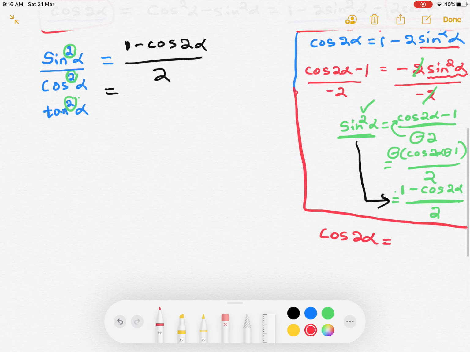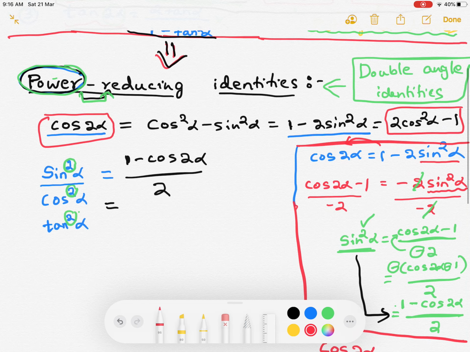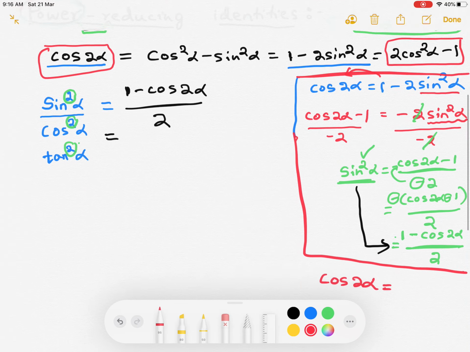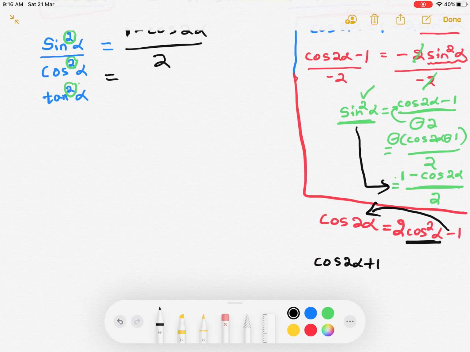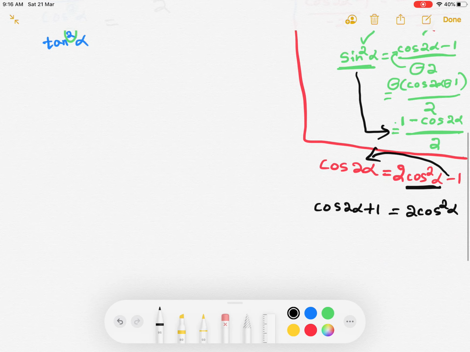For the second formula, cosine 2 alpha is equal to 2 cosine square alpha minus 1. What we want? Yes, we want cosine square alpha. So first we take 1 to the other side. So it will be cosine 2 alpha plus 1 is equal to 2 cosine square alpha.